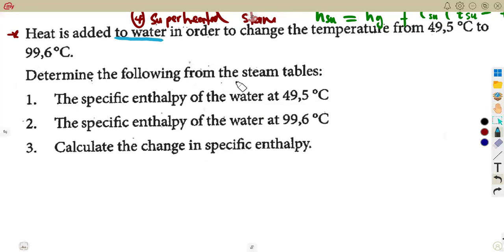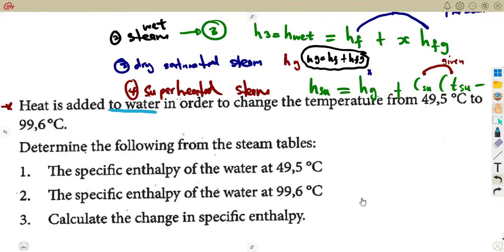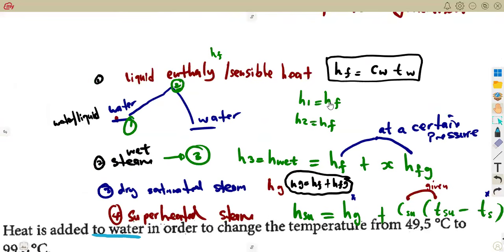So determine the following from the steam tables: the specific enthalpy of water. We are still referring to water here. As long as it is the enthalpy that is affecting water, that's your Hf.